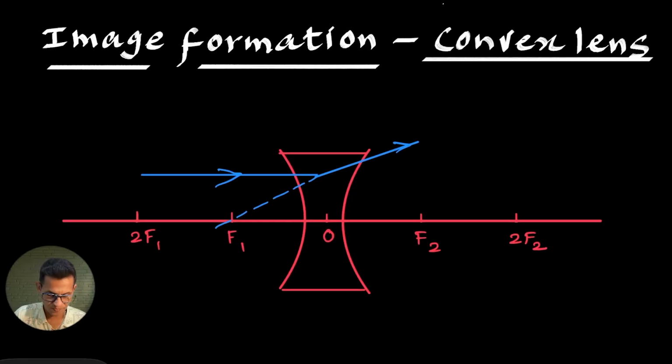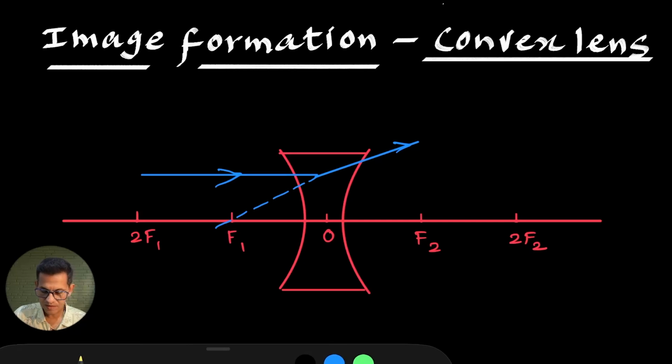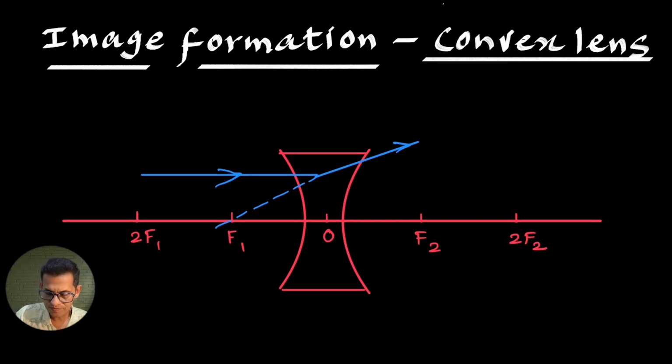That's the first rule. Second rule, if a light ray is traveling or passing through the optical center, it passes straight without diverging.